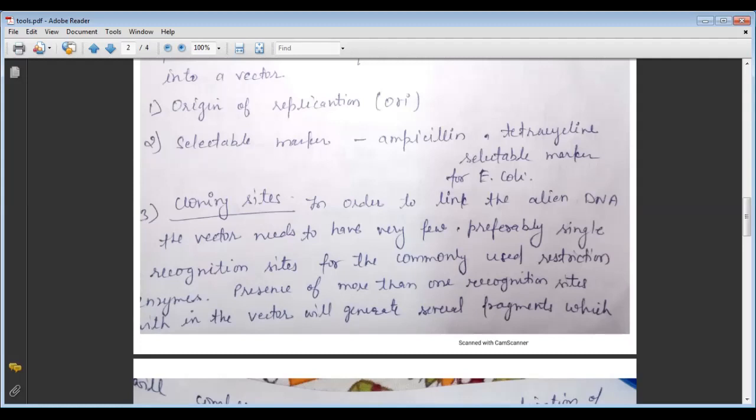How to do it? Okay, so we have ampicillin and tetracycline.